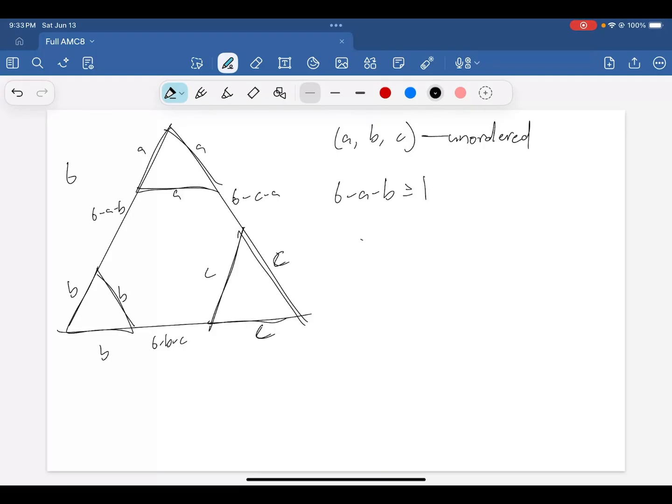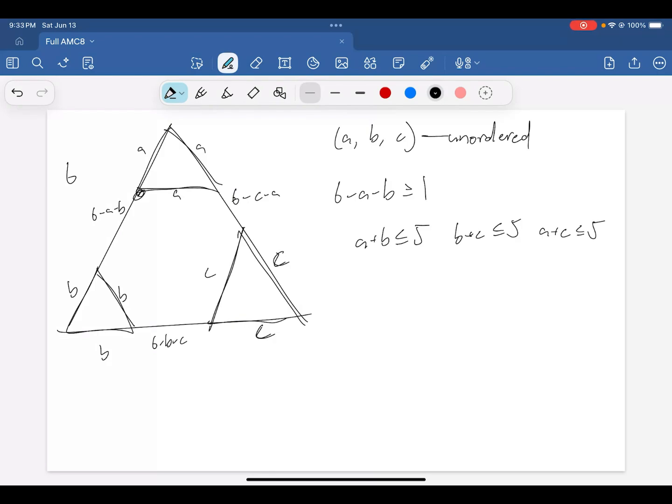We do some algebra, so we get A plus B is less than or equal to 5. And that makes sense because otherwise these points would meet at one point here, and it wouldn't be a hexagon. And the same goes for these other pairs.